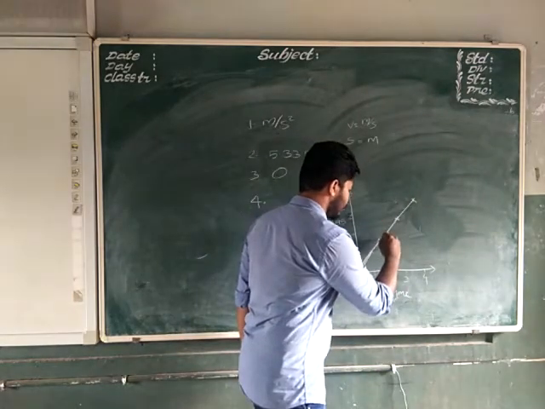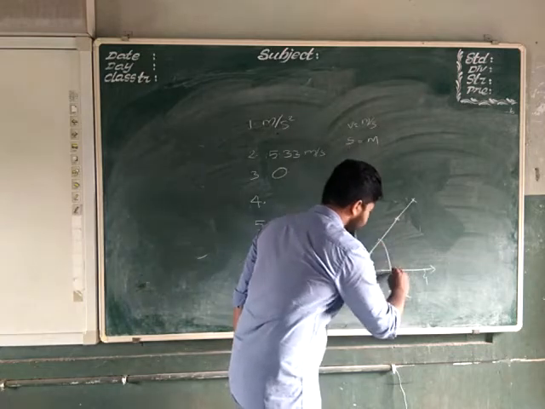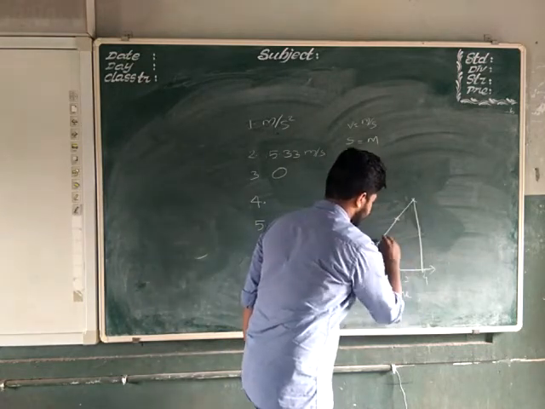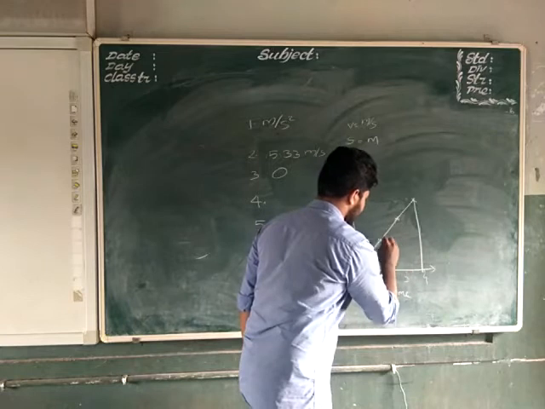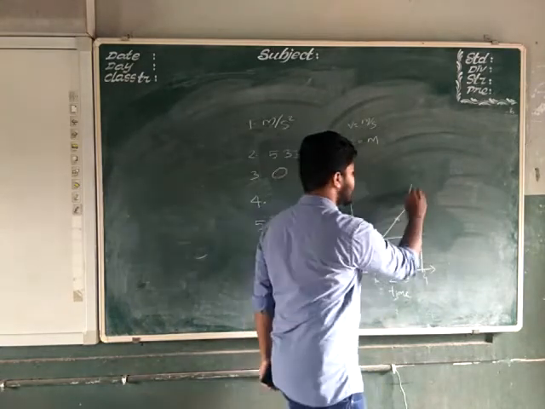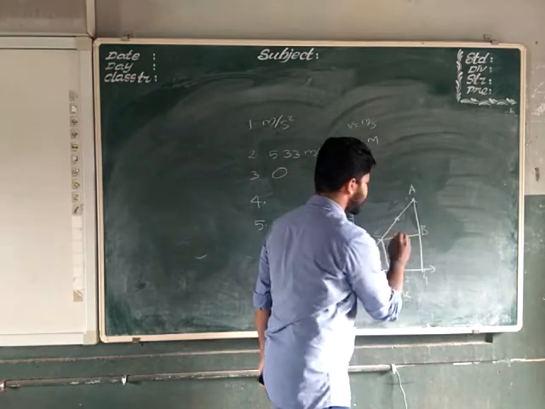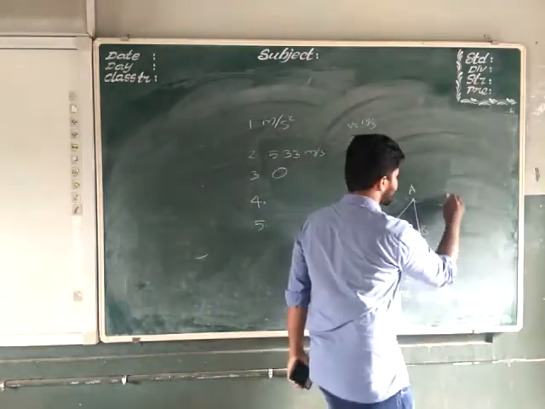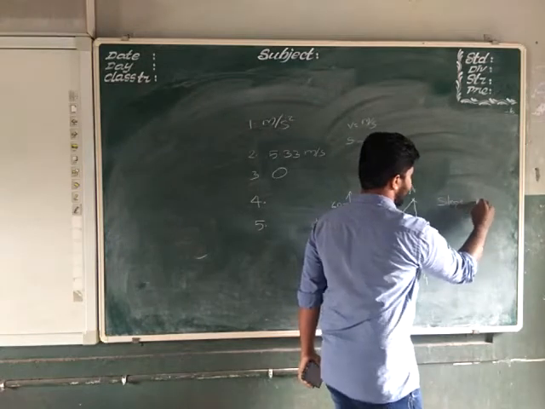Consider any 2 points. Let it be this point. These 2 points. Draw a triangle, name it as ABC. This is how we take the slope. Slope equal to AB by BC.